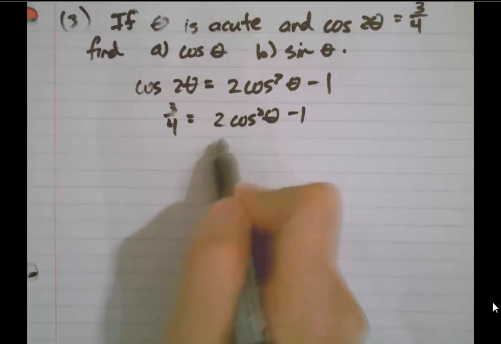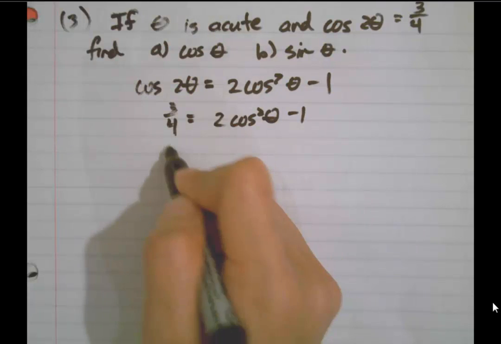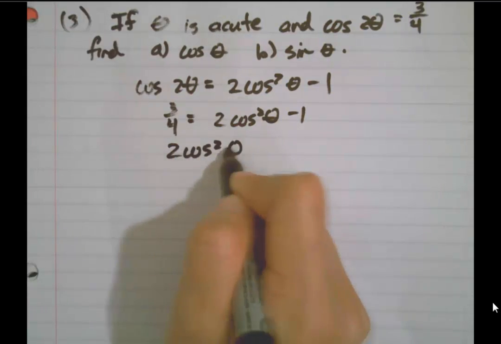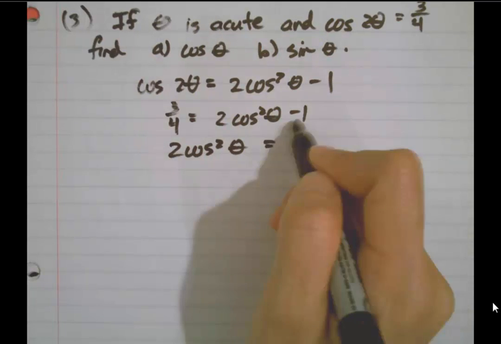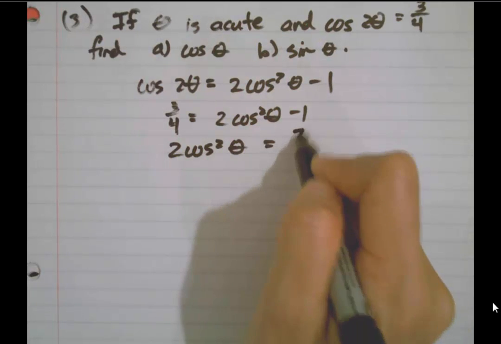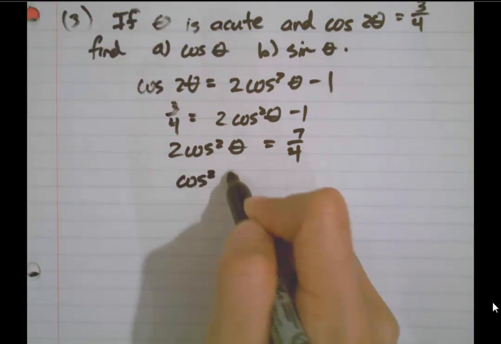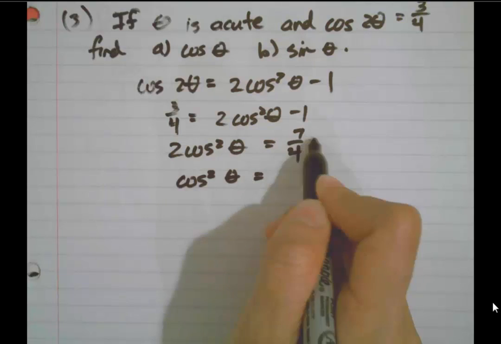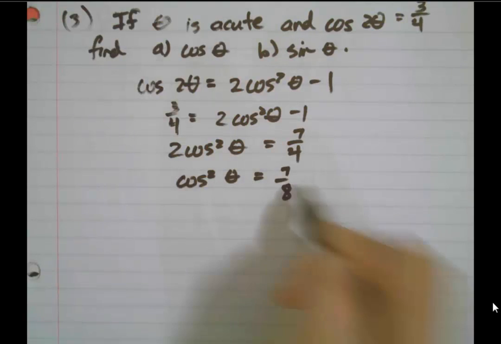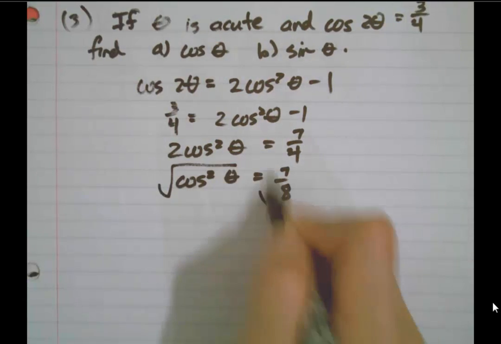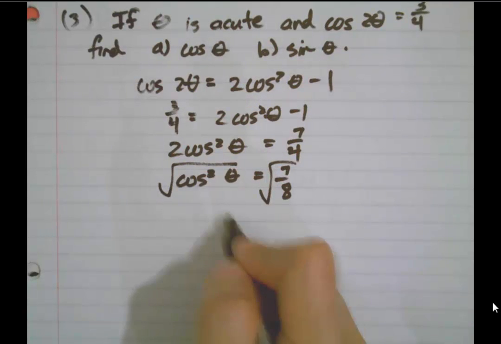I'm going to bring this over to the left side, so 2 cosine squared theta equals 1 plus 3/4 or 7/4, and then divide by 2 or multiply by 1/2, and I get 7 over 8. I'm going to go ahead and take the square root of both sides.